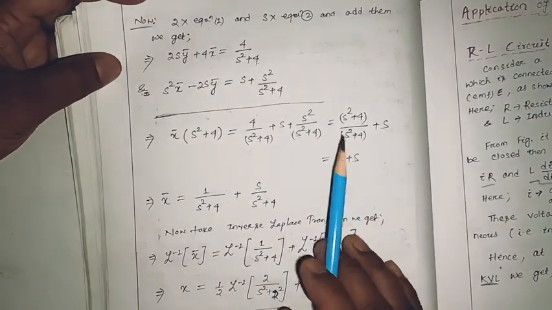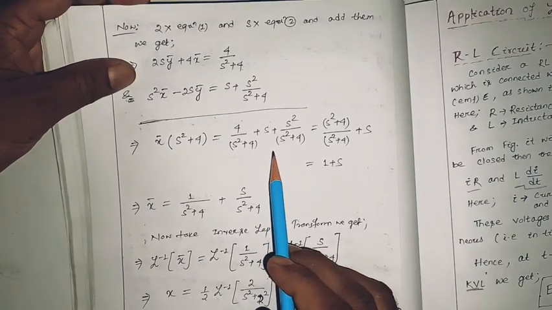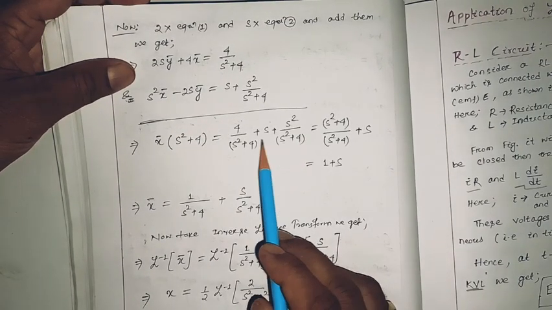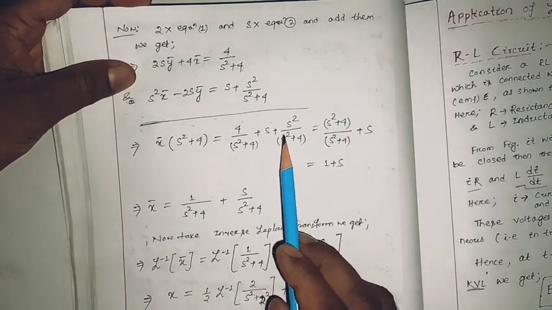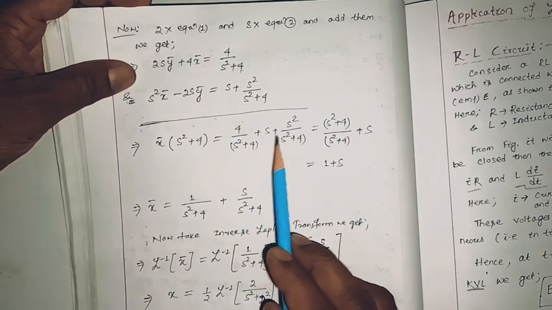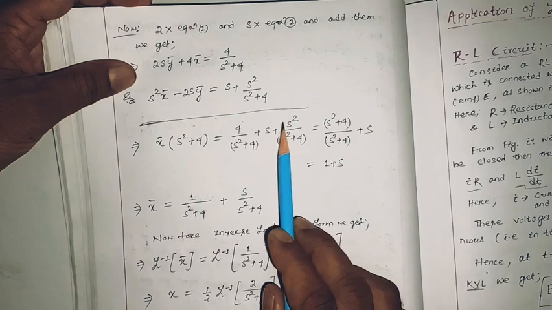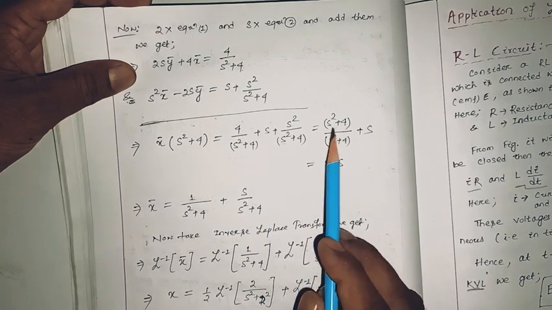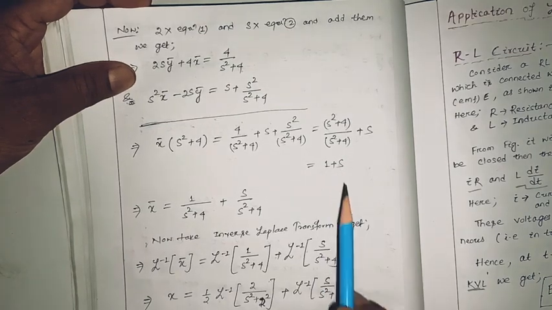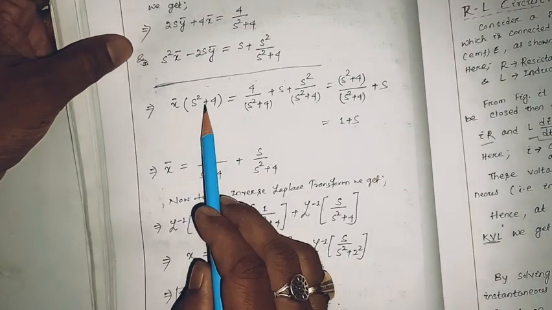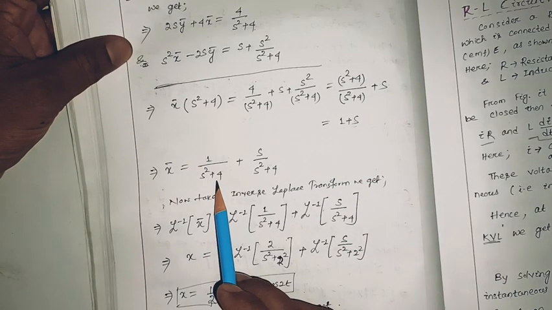If I add these two terms, the denominator is s square plus 4, so the numerator s square plus 4 gets cancelled, s square plus 4 by s square plus 4, plus s, so 1 plus s we get. Here x bar into s square plus 4 we found 1 plus s, so x bar will be 1 by s plus 4 plus s by s square plus 4.